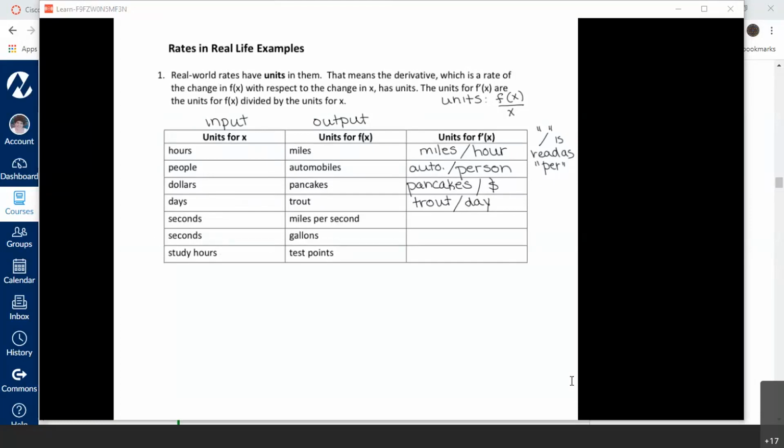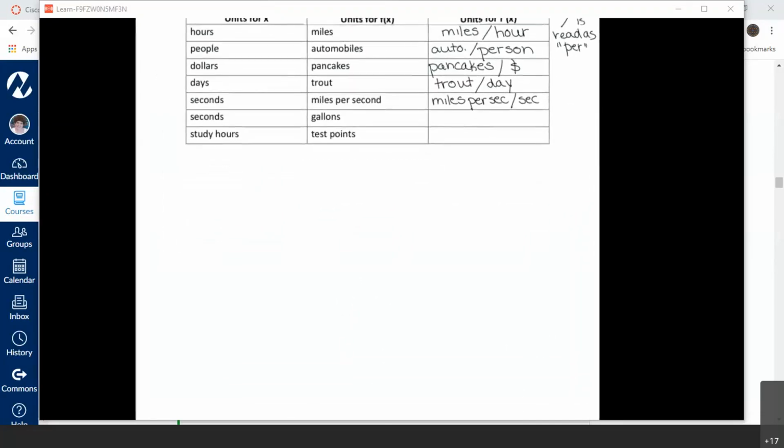Again, I want to make sure everybody's super comfortable with this before we start the applied problems. This one's a little weird. Give it a shot. That's this row. Isn't it miles per second per second? Yep. Okay, so miles per second. Okay, I'm going to go down here and show you this one.